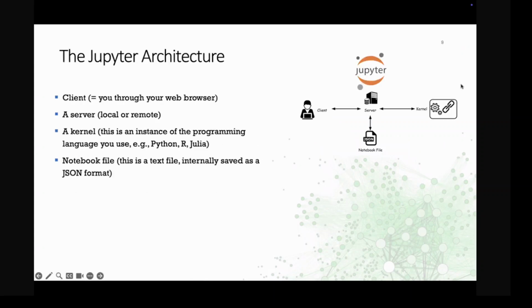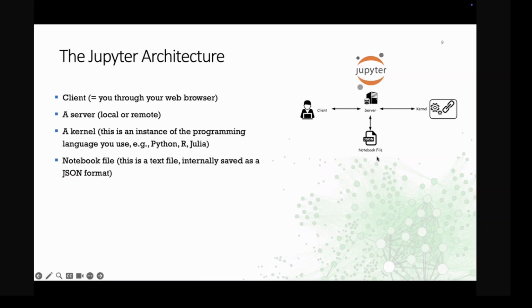So how does the architecture look like? You could start here. That's us. This is the client. We want to work with Jupyter. And Jupyter is hosted on a server that could be locally or remotely.